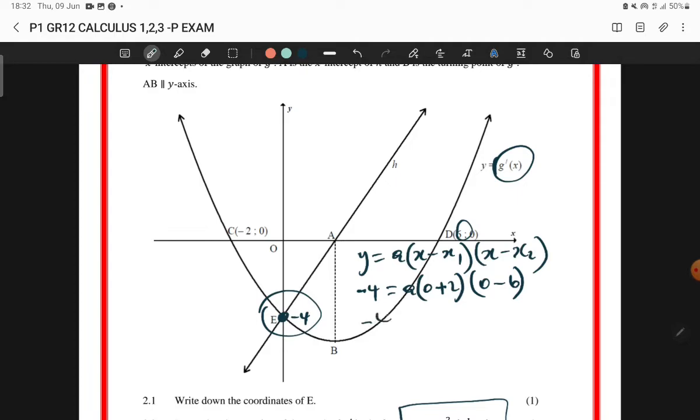So finding a, we have 2 times negative 6, which is negative 12a. Then our a is going to be equal to, negative 4 over negative 12, positive 1 over 3. So this is our a.